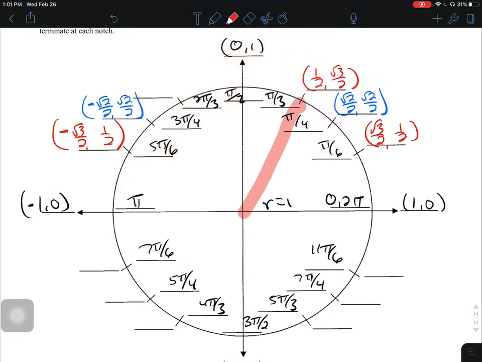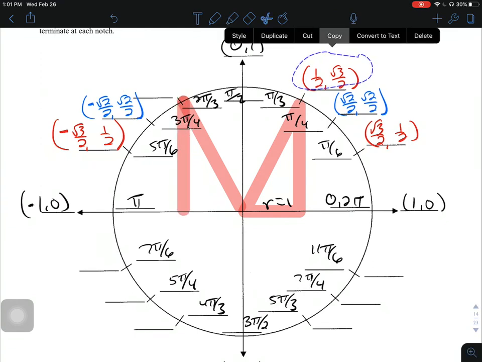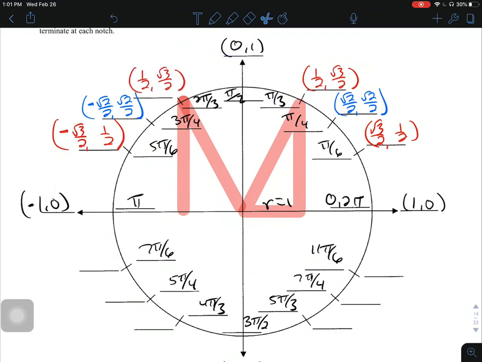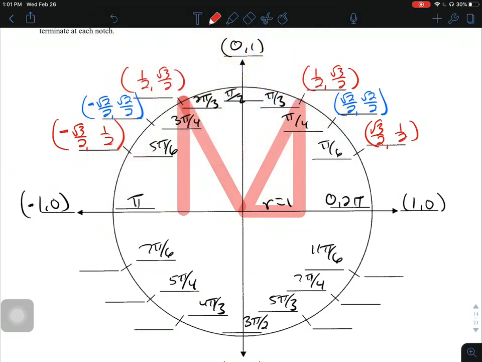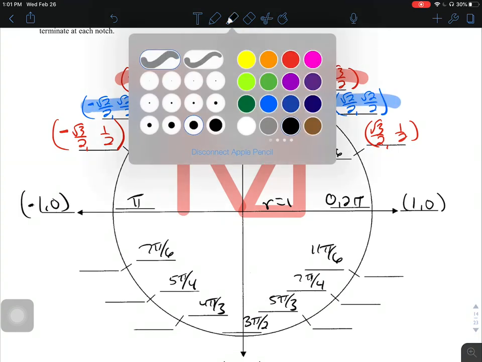Likewise, if we take pi over 3 and 2 pi over 3, they have the same reference angle. So this ordered pair for pi over 3 has the same absolute value as the ordered pair for 2 pi over 3. The difference is we went left, so the x value is negative. So compare these ordered pairs. With the exception of the signs, they're the same.